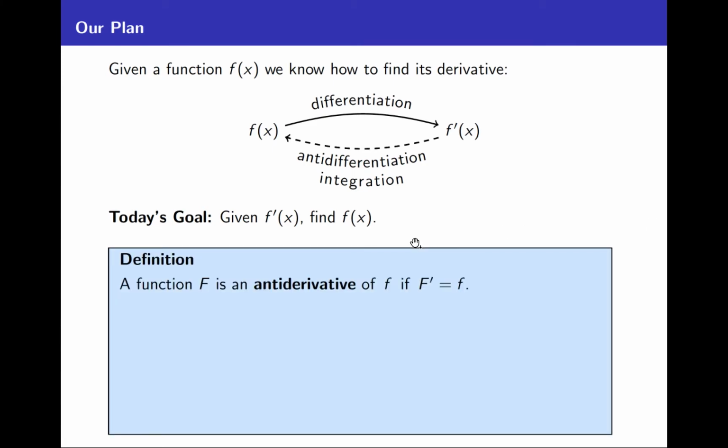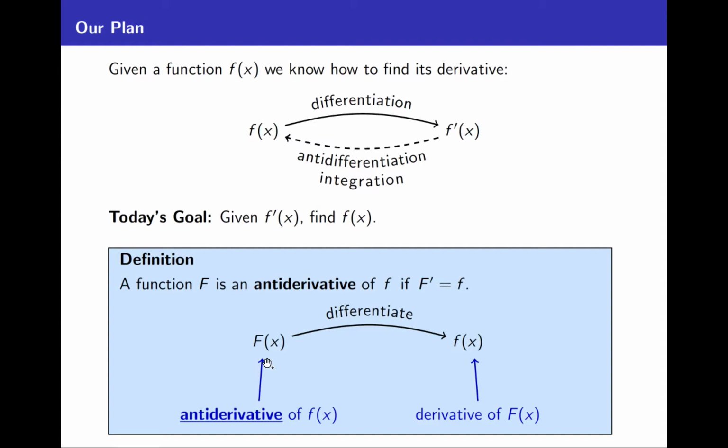There's some definitions that go along with this. A function big F is called an antiderivative of another function little f if big F prime equals little f. So for instance, if you've got a function big F of x and you differentiate it and you get a little f of x, that little f of x is called the derivative of big F of x.